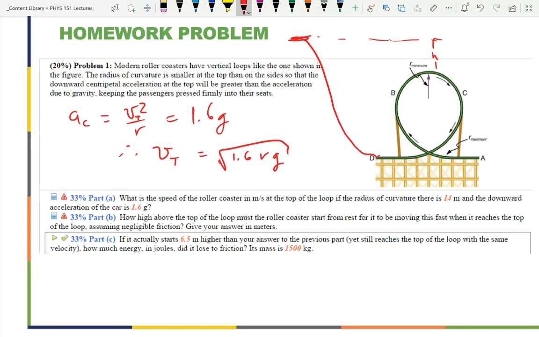Yeah, so how high does the hill have to be in order for it to rise? Potential and kinetic. Well, I started with the equation for the work energy.